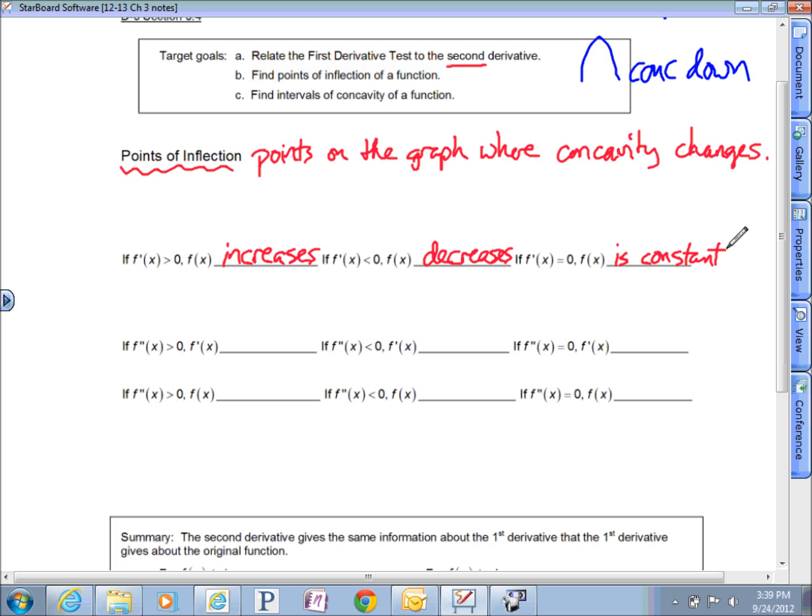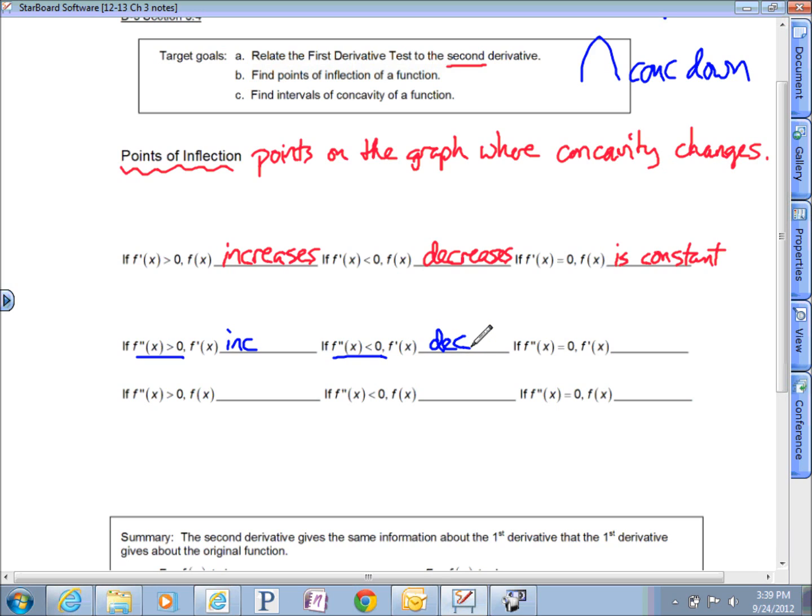Well, what happens if my second derivative is greater than 0? If my second derivative is greater than 0, what do we know? If my second derivative is greater than 0, then my first derivative increases. If my second derivative is less than 0, my first derivative decreases.